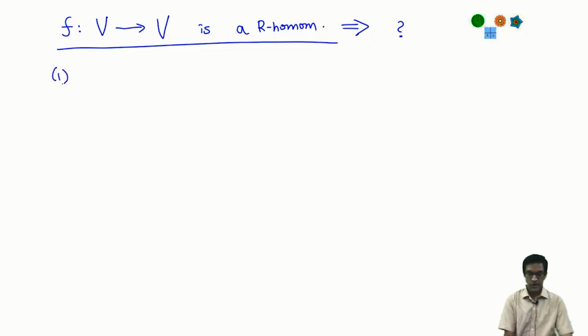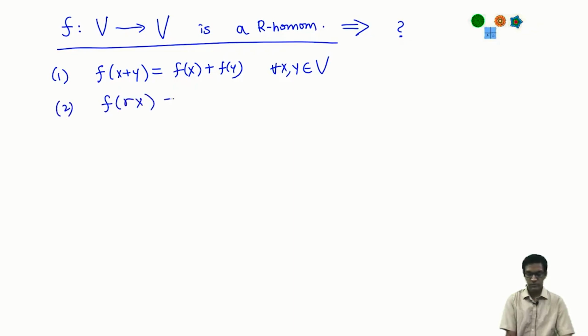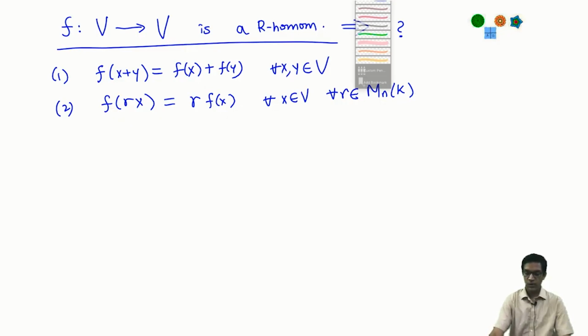Let's again recall its two properties: property 1, f of x plus y equals fx plus fy for all x, y in V, and property 2, f of rx equals r fx for all r in my ring, which in this case is M_n(K). So let me try to understand what are all the various consequences of these two definitions.